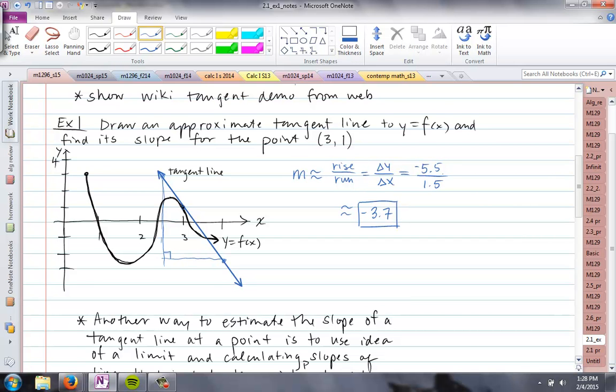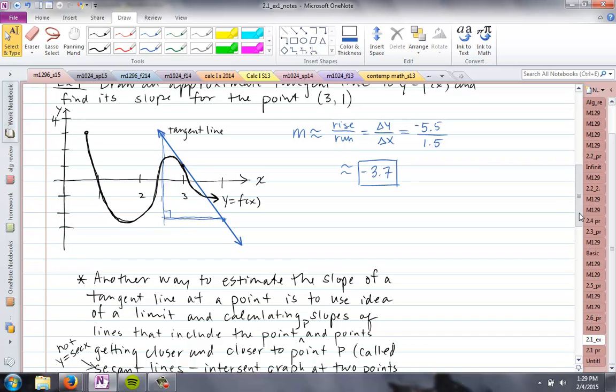It's about 5.5 because the line falls from left to right. It's negative slope overall. And then the run is the base of the triangle, and that's about 1.5. So if you divide that out, you get about -3.7. I put an approximation symbol here because this could be a little off. We're just trying to graphically estimate the slope of that tangent line. So this is a good way to estimate the slope of a tangent line.